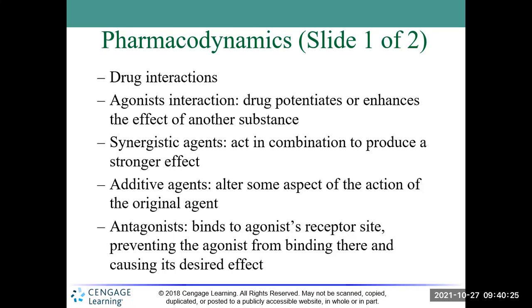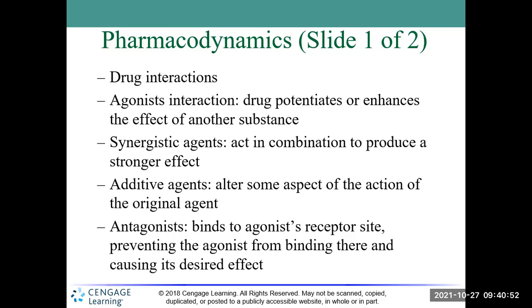If it's a synergistic action, this is when they're combined because together they provide a stronger effect. An example of this, I think about respiratory wise. We know of albuterol being kind of the main respiratory inhalation medication, but if it's combined with ipratropium bromide, that provides a stronger effect.